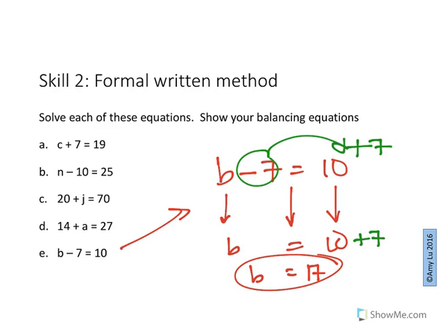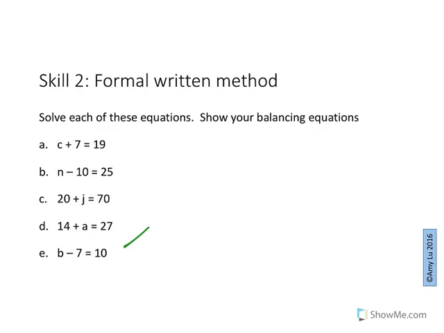Now, the question I always get is, how do you know what to move first? How come you don't move the 10? How can you move the 7? Let me show you. If you're interested, then stay, otherwise skip ahead. b minus 7 equals 10. If I chose to move my 10 over here, watch what happens.